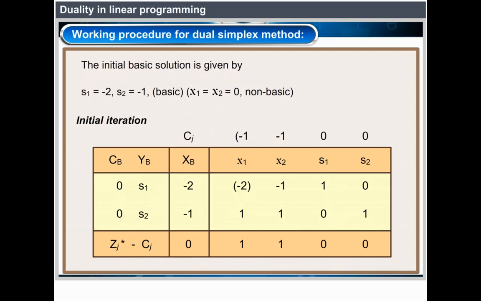Second row: 0 for CB, S2 for YB, minus 1 for XB, minus 1 for X1, minus 1 for X2, 0 for S1, 1 for S2. Then Zj star minus Cj row: 0 for XB, 1 for X1, 1 for X2, 0 for S1, and 0 for S2.